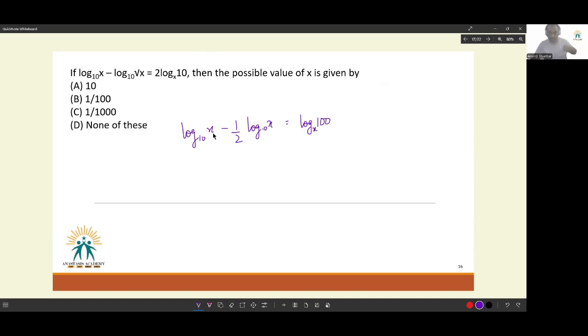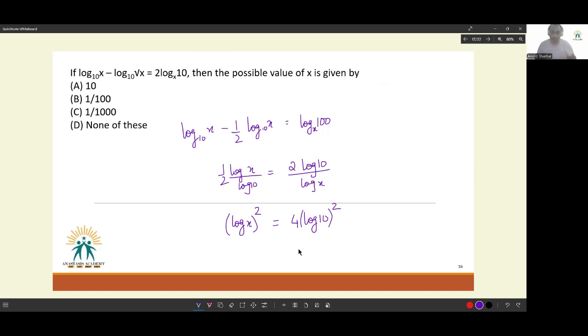So we can potentially get it to half log x by log 10 is equal to 2 times of log 10 by log x. So log x whole square is equal to 4 times of log 10 whole square.